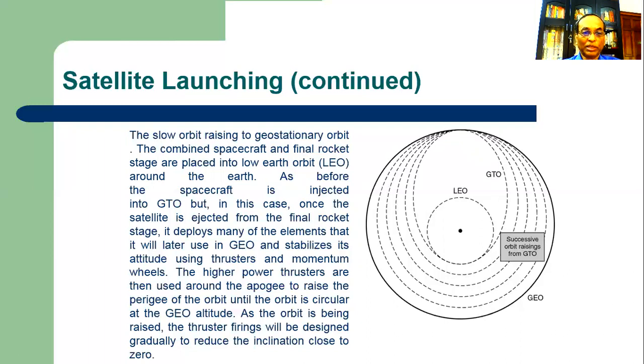As the orbit is being raised, the thruster firing will be designed gradually to reduce the inclination close to 0. So it will finally be placed in the equatorial plane.